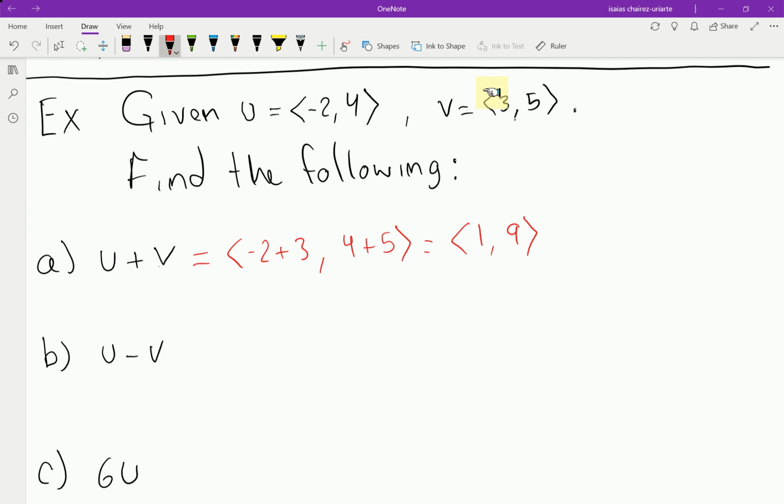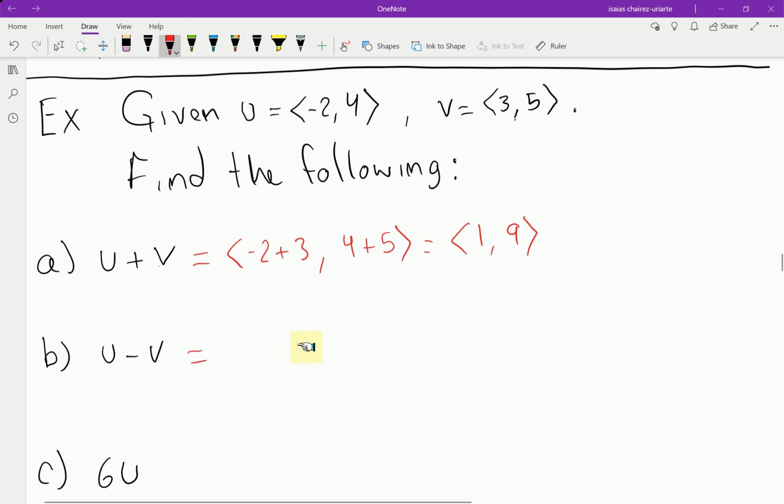If you were to graph the vector u and the vector v in the Cartesian plane, and you put the initial points of both of them at the origin, then this resultant vector 1, 9 would be the diagonal between the two vectors.